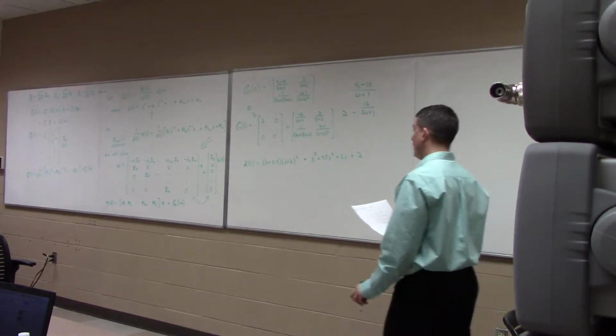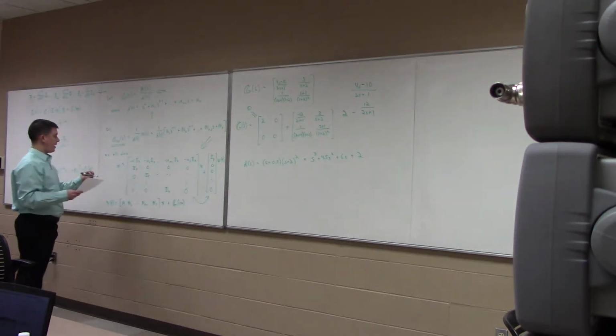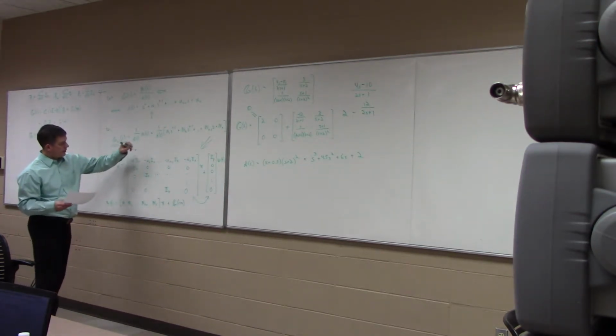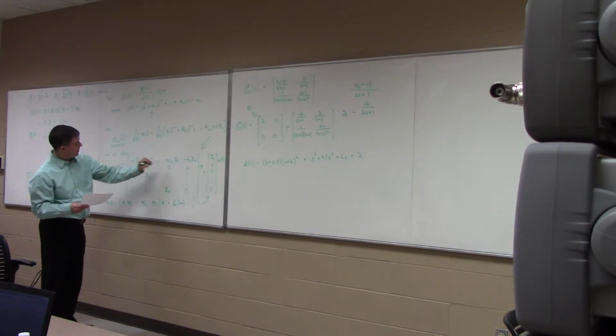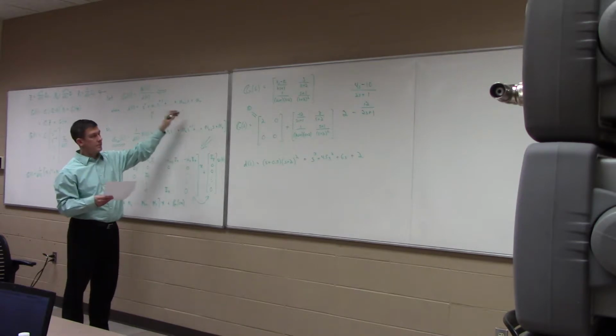Right, so now we've got our A matrix figured out already. Right, because all my alphas are just the constants in my polynomial.